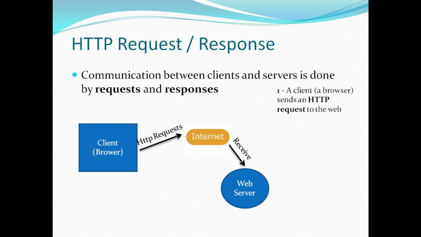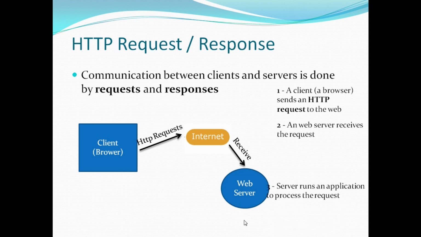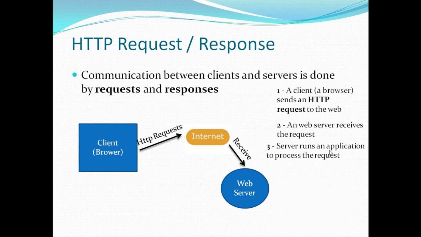The web server receives the HTTP request, and after that this web server runs an application to process the request. For example, the web server receives the request, processes it, does some operations for that request, and as a response sends it back through the internet to the client.